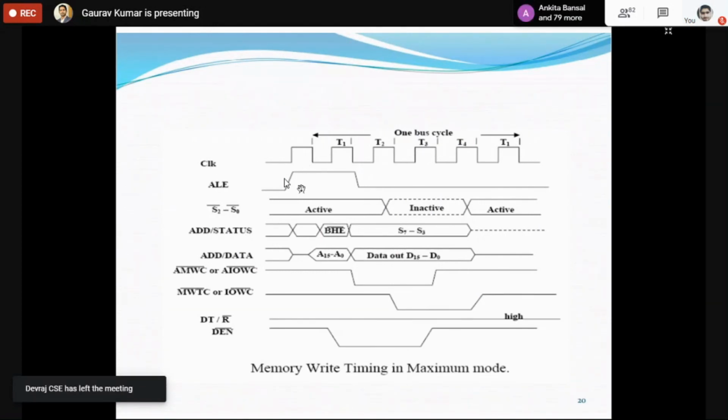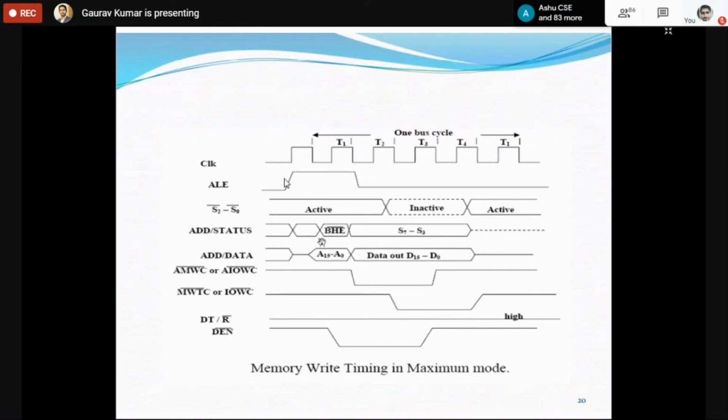Clock pulse high, ALE is enabled as soon as the clock pulse comes. As I told you, there is a difference between ALE of the minimum mode and ALE of the maximum mode. ALE is enabled and the address fetch starts. As soon as the first T cycle came, the full address was fetched. You can show that particular address from A0, and you can write from here, that is, A16 to A19 in this section.